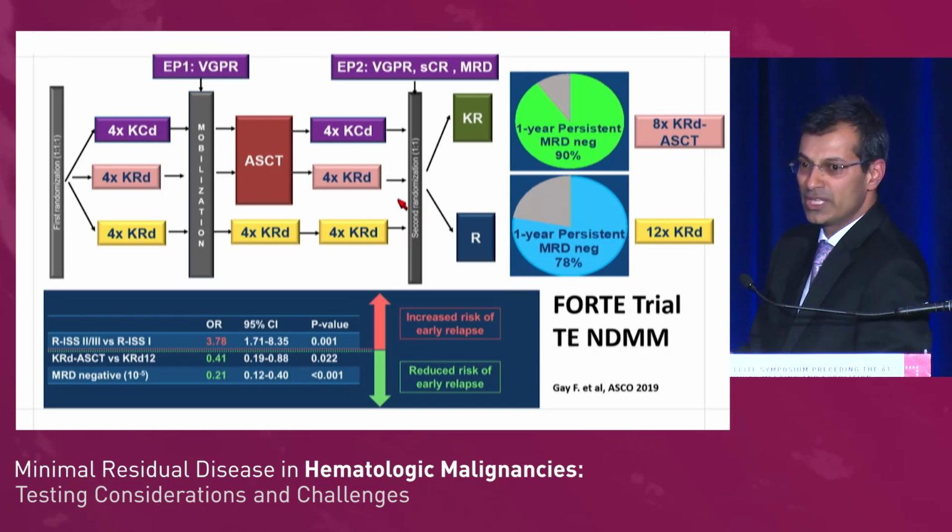And even though the initial results revealed at last year's ASH meeting showed that the MRD response rates were very much comparable, the more updated analysis presented at ASCO 6 months ago showed that the persistent 1-year MRD negative rate was much lower in patients who did not get autologous stem cell transplantation.